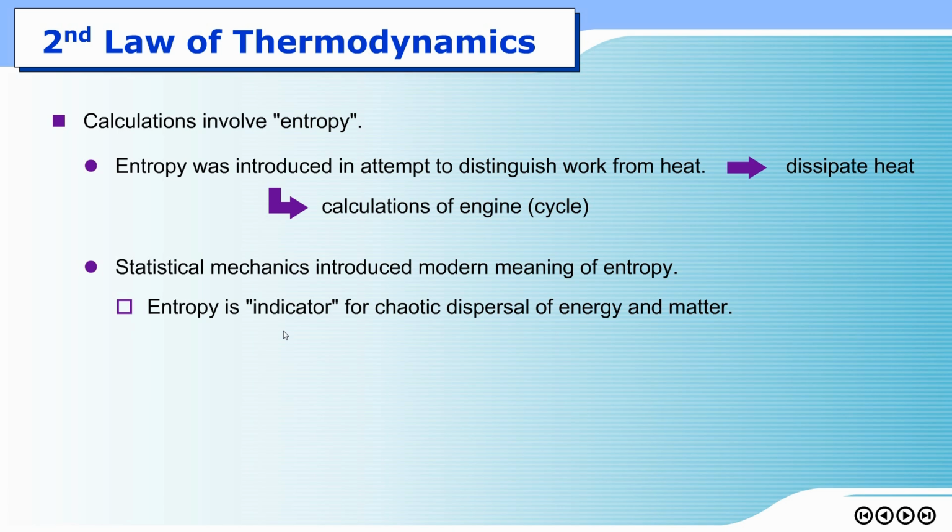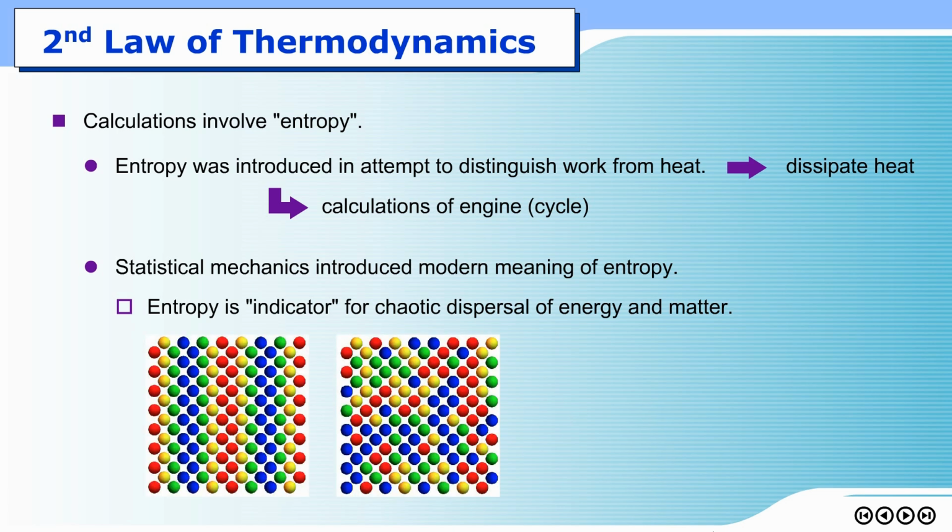Temperature is an indicator of internal energy. When you have high temperature, you can tell that that particular system has higher internal energy than the system with low temperature. But temperature by itself is not energy. In the same manner, entropy is not the chaotic dispersal of energy and matter, but it is an indicator to tell which system has higher chaotic behavior than the others.